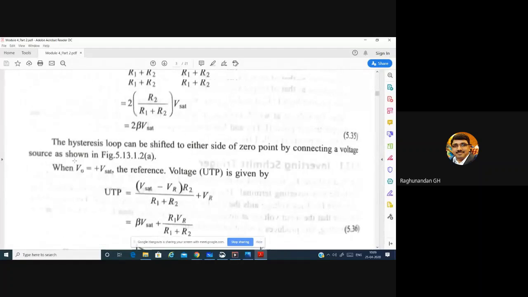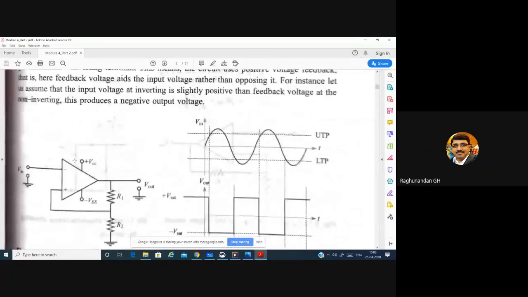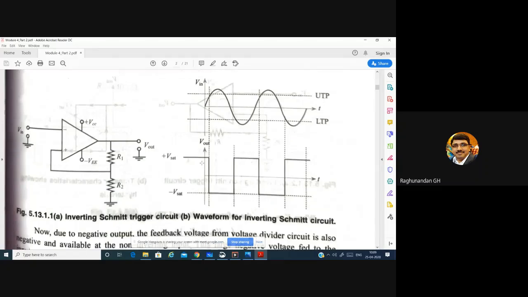Now, here we just had R1 and R2, and based on R1 and R2 we were able to compare the input, and we were getting the plus V saturation, minus V saturation swings. That is, output was swinging between plus V sat and minus V sat.